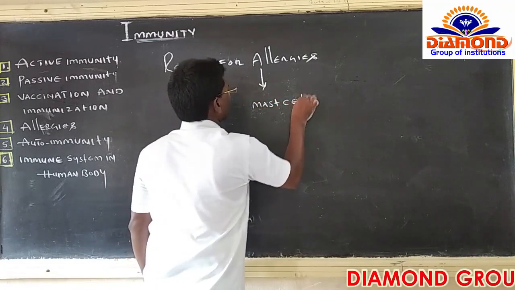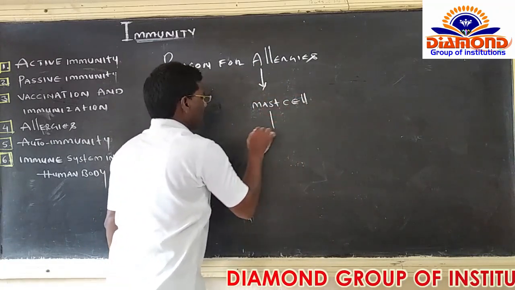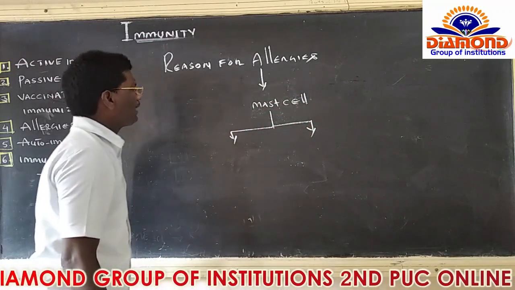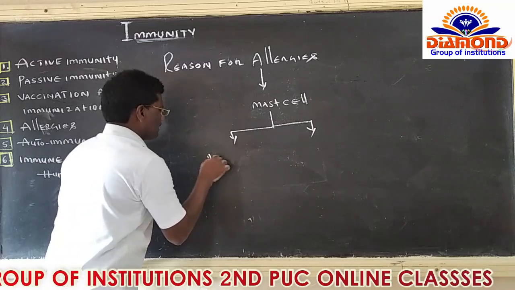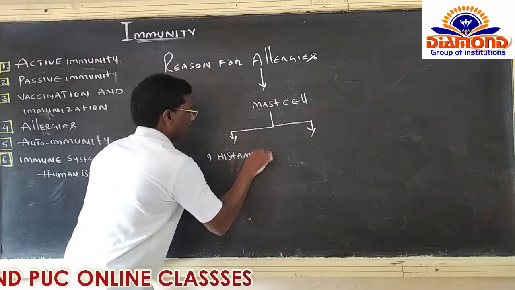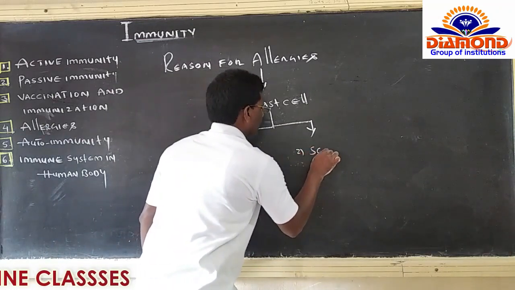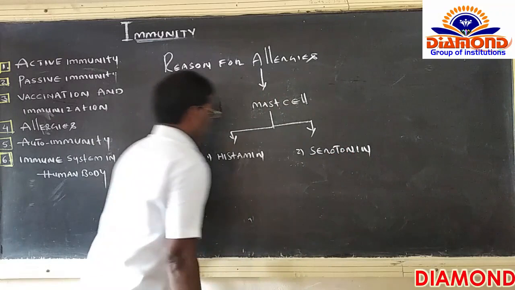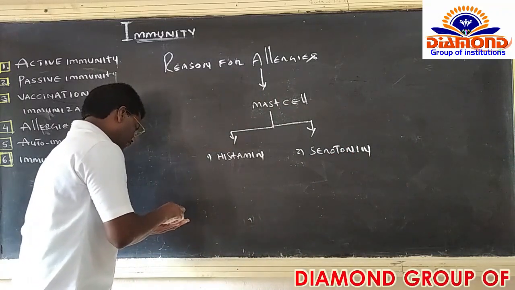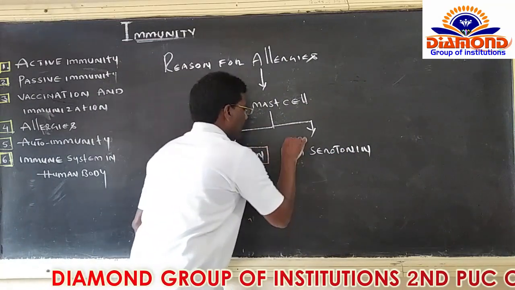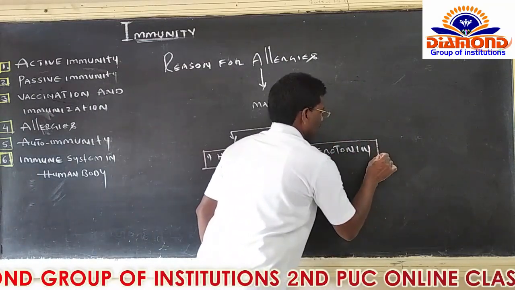Mast cells have the capacity to produce two different types of chemical substances. Number 1, histamine. Number 2, serotonin. Whenever histamine and serotonin are produced in our body, the allergic reaction starts much more quickly.